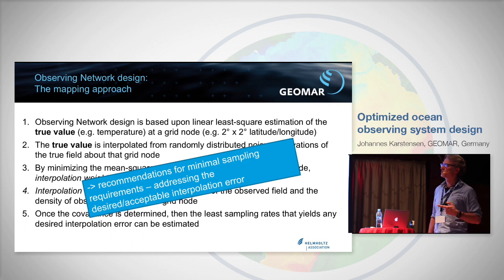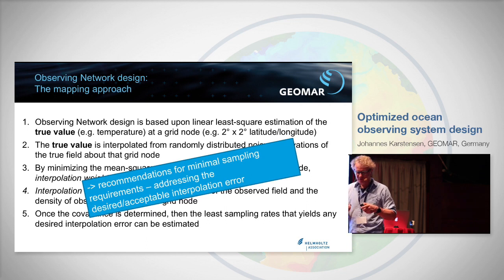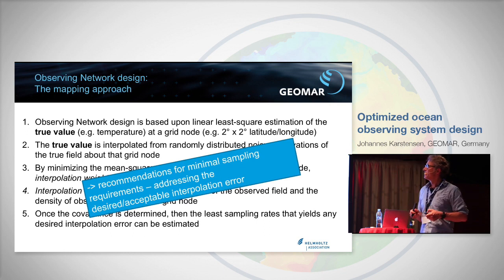I will come to that later, but also for other designs. So what this mapping approach does is that it tries to estimate a true value, for example, temperature or temperature anomaly, whatever, at a certain grid point. For example, 2 degrees lat long.